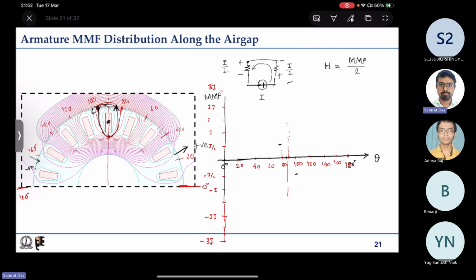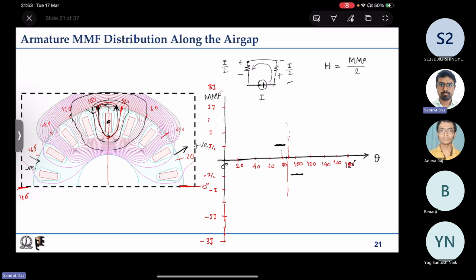Even if I take a flux line which is like this, it is enclosing the same current, so it will still be the same. So if I go on the two sides of 80 degree and 100 degree, it will be constant at I by 2 only.